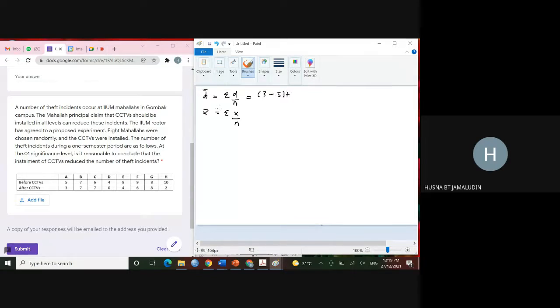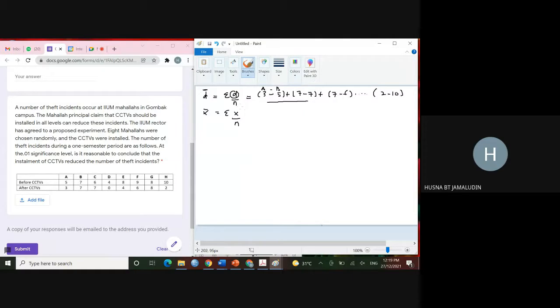And then plus, like the x bar summation, the second observation. What is it? 7 minus 7. And then plus, what else? 7 minus 6. Plus until the last value, what is it? 2 minus 10. So this is the difference. You want to see the difference, right? So this is the after minus the before, and then divided by the n.